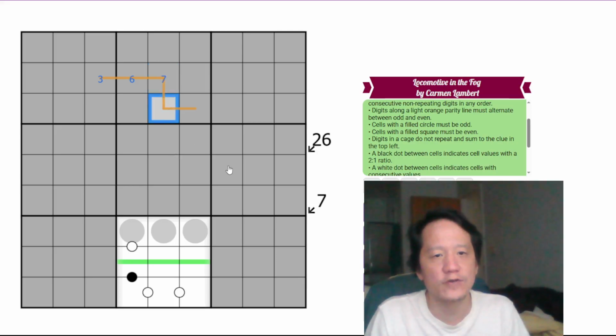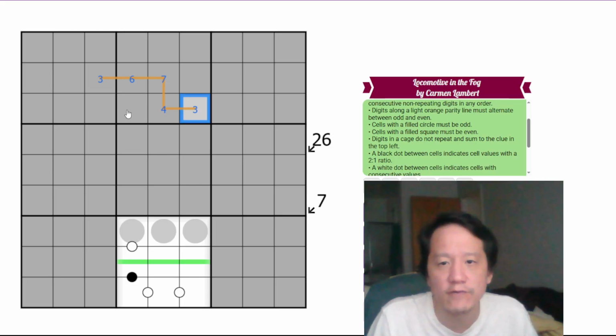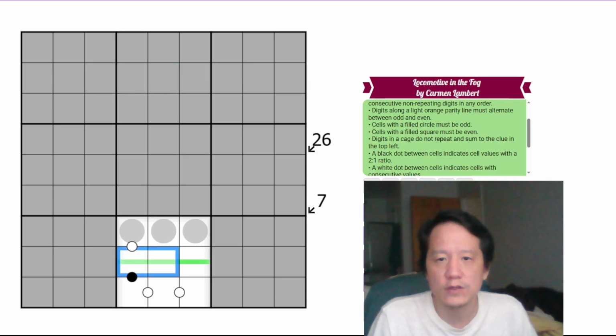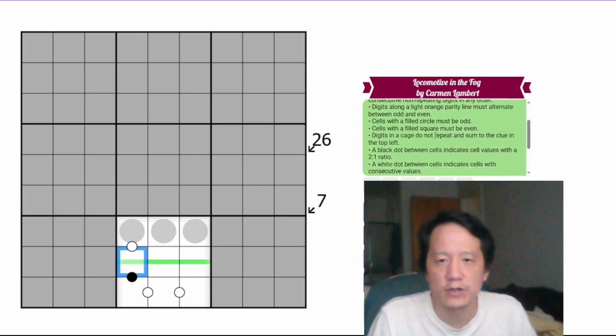This would have to be even. This would be like 4, and then we could have another odd, and that would be 9. Actually, it could even be 3. You can have repeats on an orange parity line. Okay, that is how parity lines work. We've done Renban, German whisper, and parity.